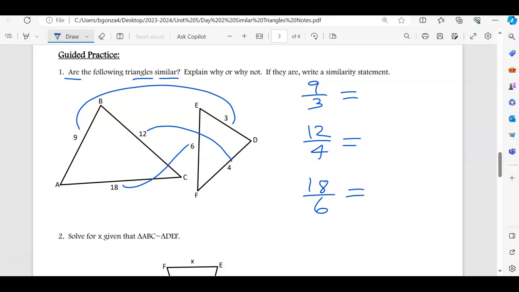Okay, what's 12 divided by 4? 3. What about 18 divided by 6? Hey, are they the same? They are, right? Since we got the same proportion, that means that these triangles are similar. Yes, because they give you the same ratio. Okay, so yes, they're similar.